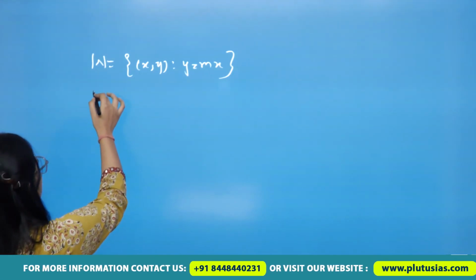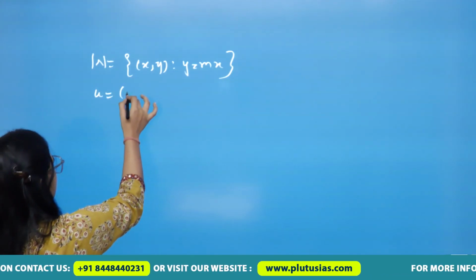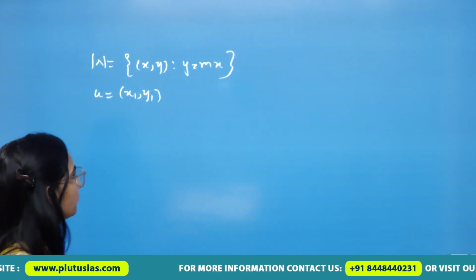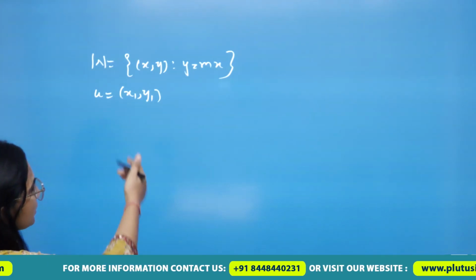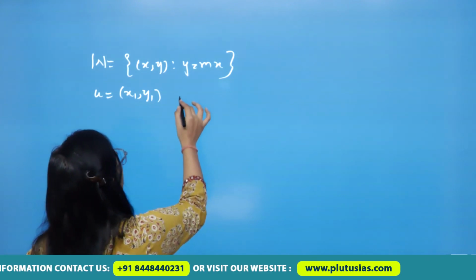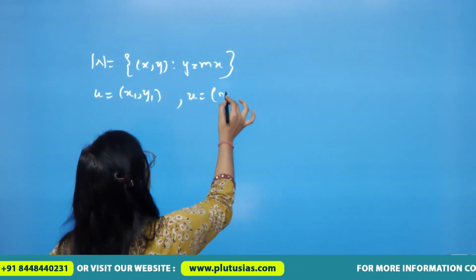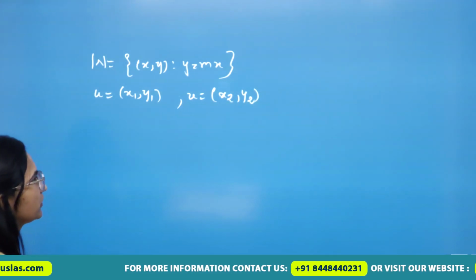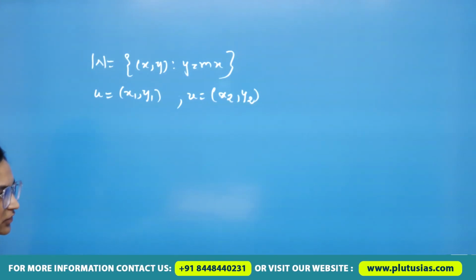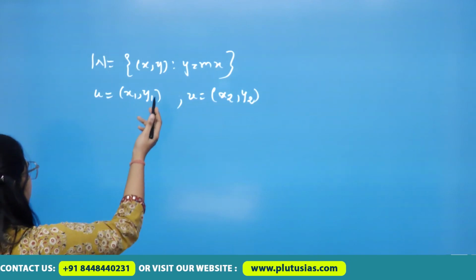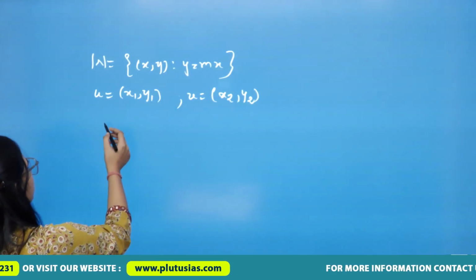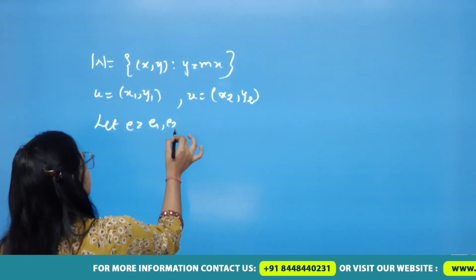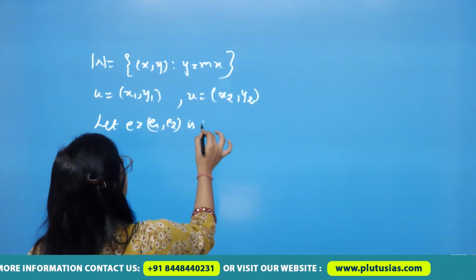Now any two elements, say u of this would be (x1, y1). For simplicity, I am taking x1, y1. Sometimes I take a1, b1. We consider these elements according to the set only, and for v we can consider (x2, y2), right? Now we have to prove that the additive inverse exists and the additive identity exists. To prove that the additive identity exists, we will consider e equal to (e1, e2) as the additive identity.